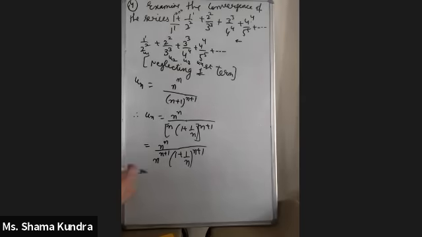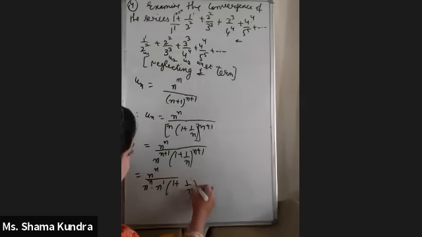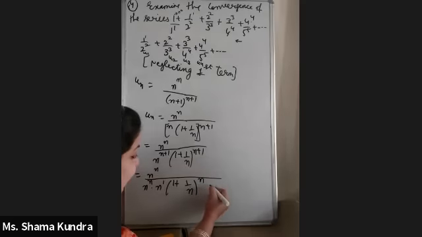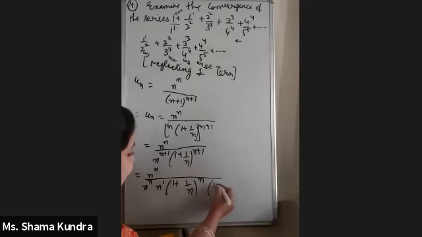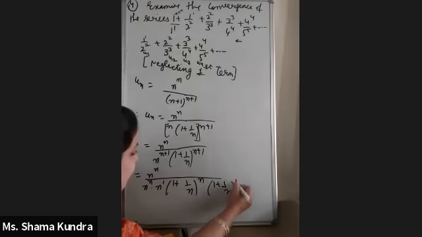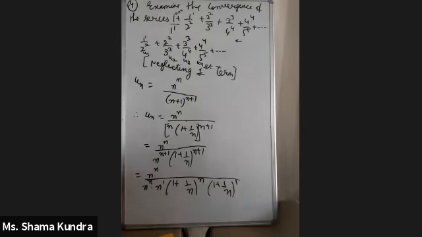Now splitting the powers. The n plus 1 power will split into power n and power 1. n raised to power n will get cancelled out.